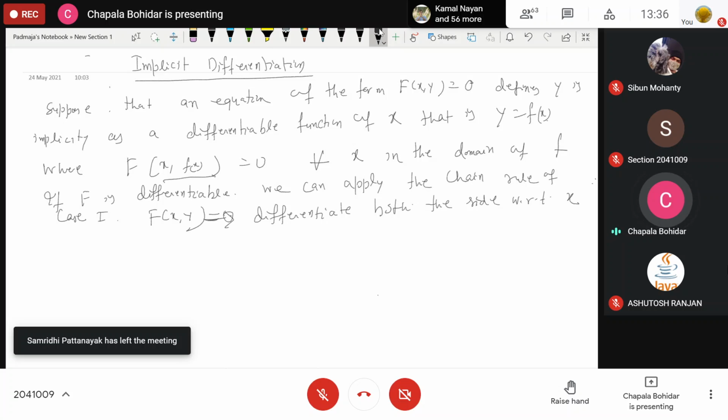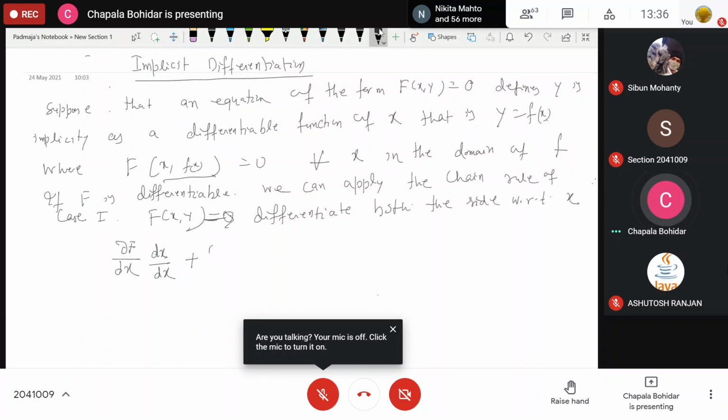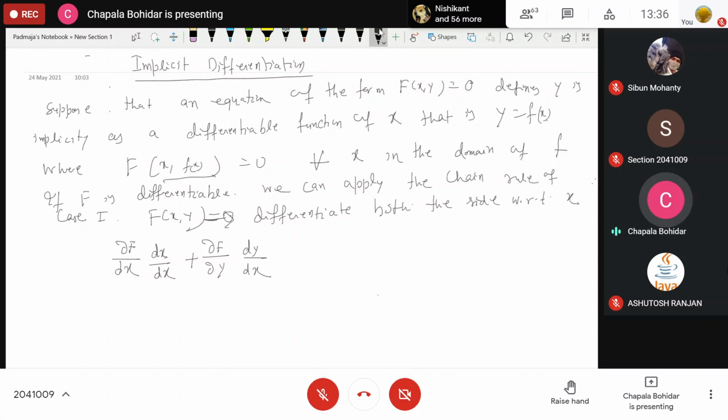So what we get here is, first differentiate both sides with respect to x. We can write del f by del x, then differentiating with respect to x, though y is a function of x, so it is one variable, dx by dx, plus del f by del y, then dy by dx.